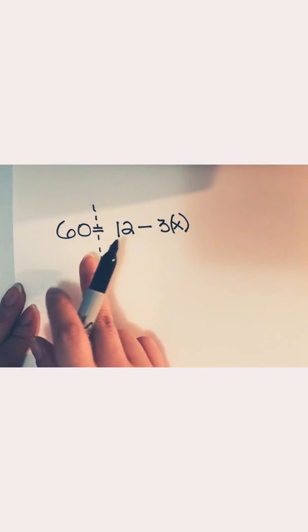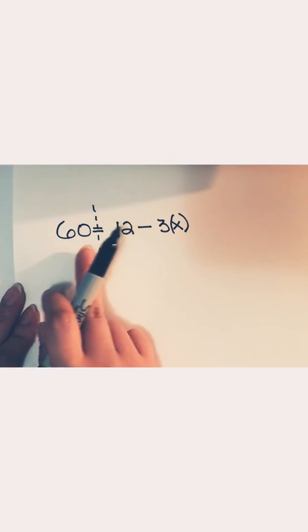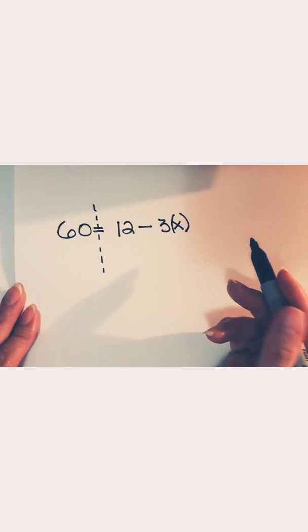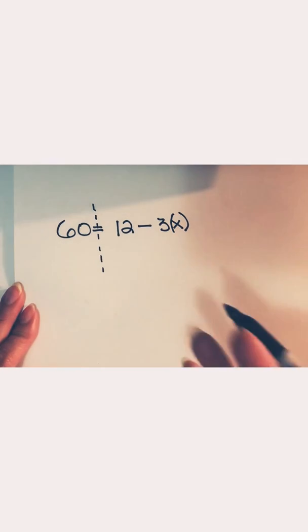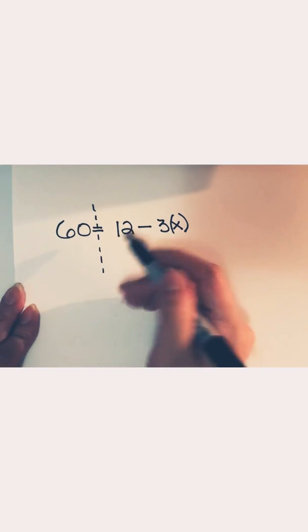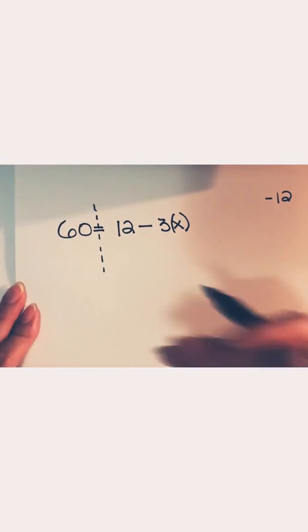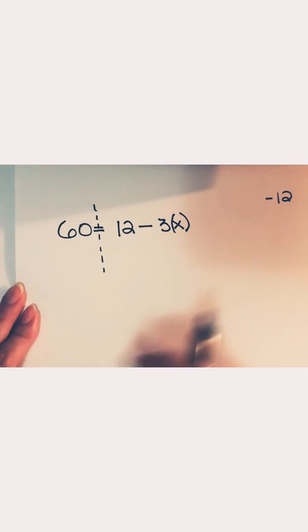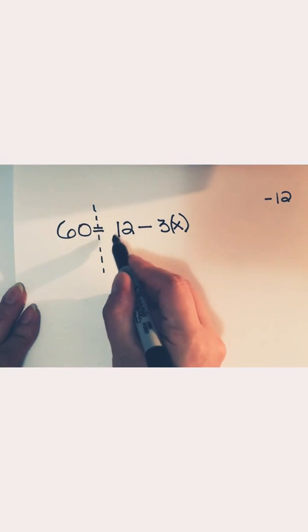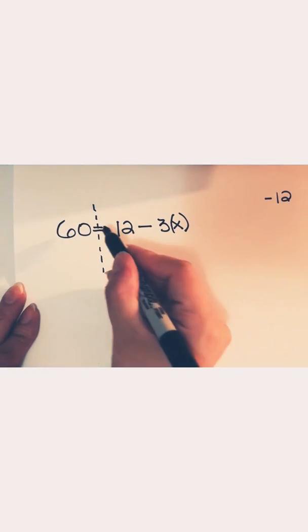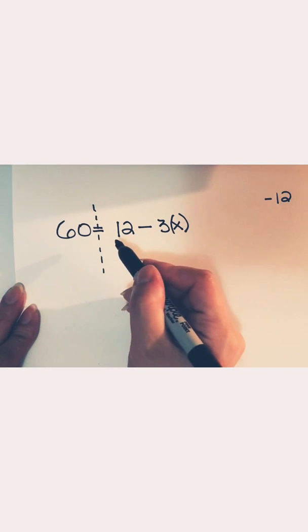Well, if you don't see anything here and it's next to the equal sign, you can always assume that it's a positive or an addition, right? Because usually if it's a negative number, it'll say it's negative 12 or subtract 12, always. So since there isn't anything that's attached, you can always assume that this is a positive or an addition.